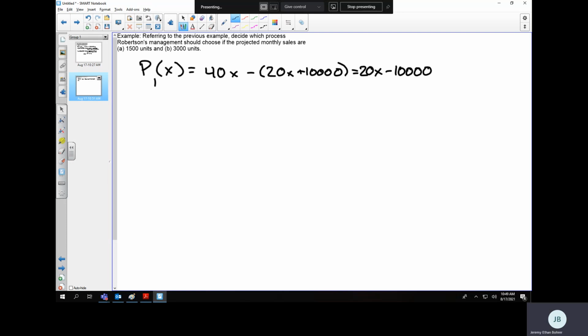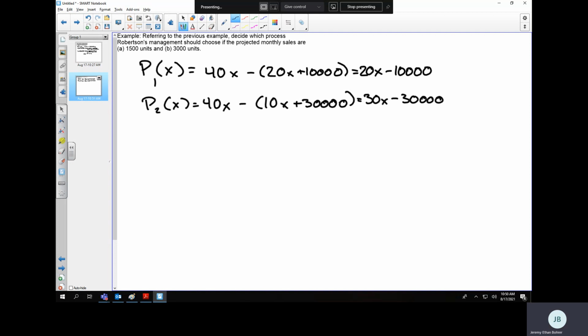That's P1 of X. And P2 of X is 40X minus 10X plus 30,000, which is 30X minus 30,000.